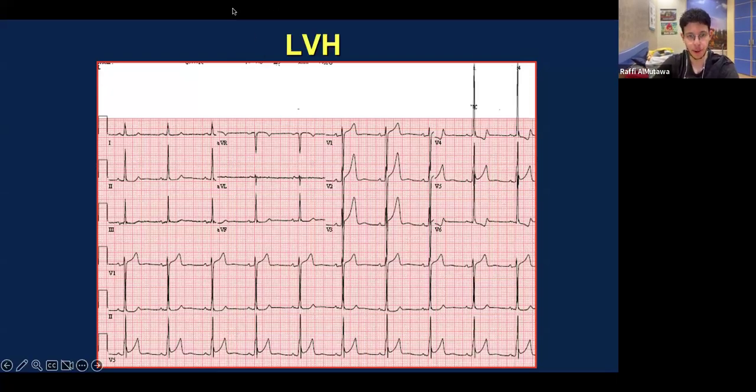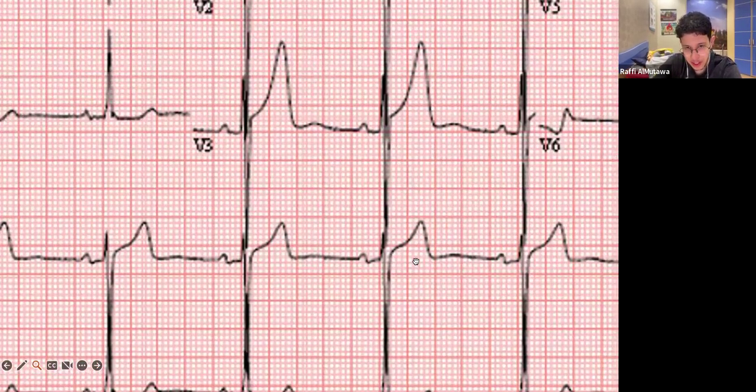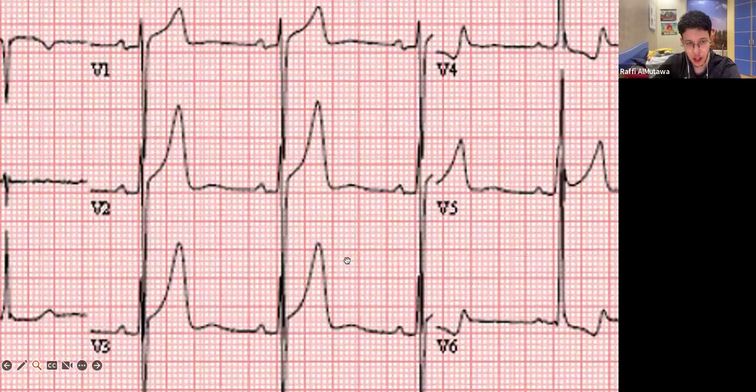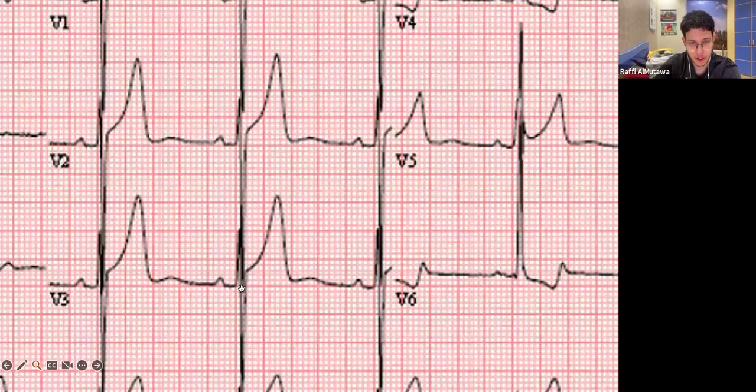Okay, so you are right about the LVH part, but the anterior MI. Now, I understand why you said anterior MI, but if you were to look at, I think this one might be a little bit more clear, the J point is less than a millimeter. It's right around here. It's less than 1 millimeter, right? Or here, it's buried. It's not very clear, but it's less than 1 millimeter.